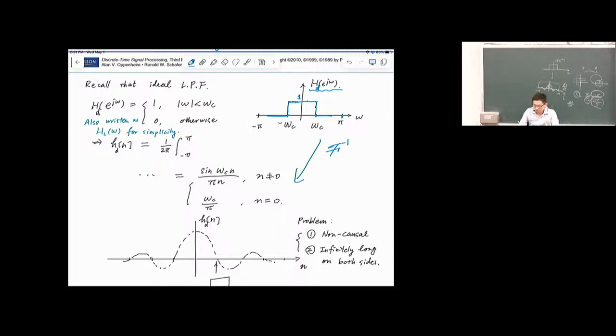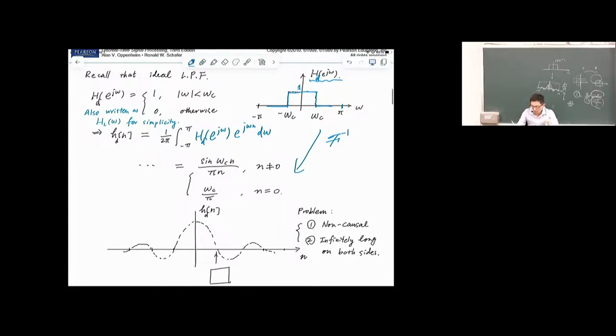It's 1 over 2 pi times the integral of H(e^{j omega}) e^{j omega n} d omega. We have done it a few times. We know the result is the sinc function.